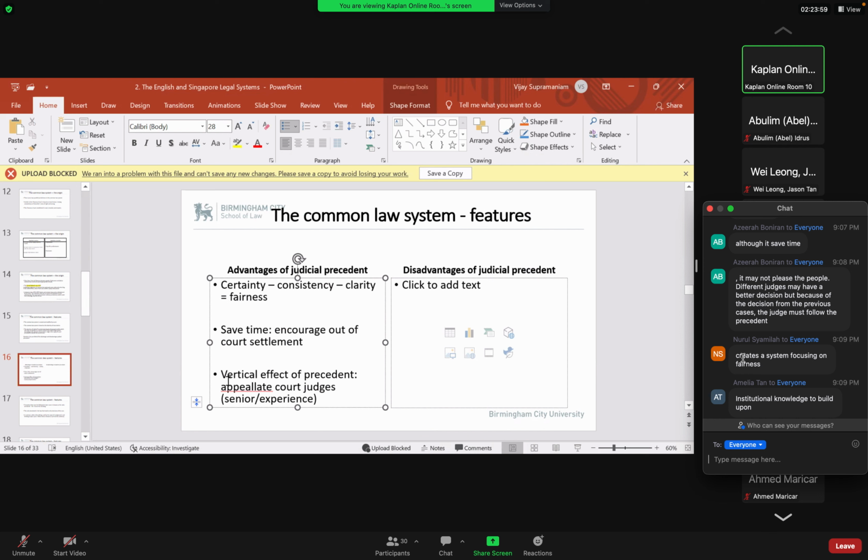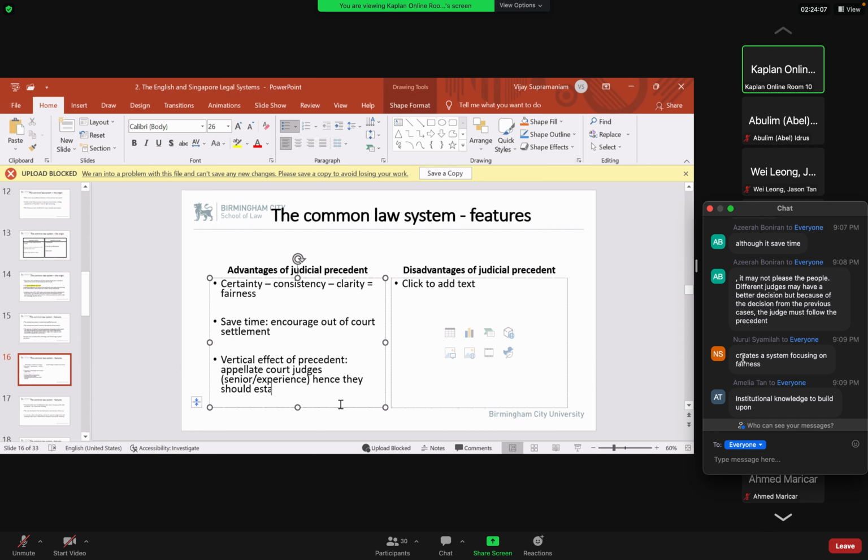So when they develop laws, these laws are well thought out. Hence they should establish precedent. We don't want everybody to develop precedent, so you just follow what the appellate court has to say.